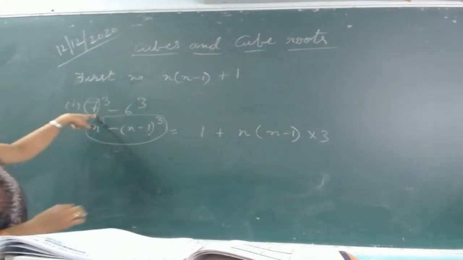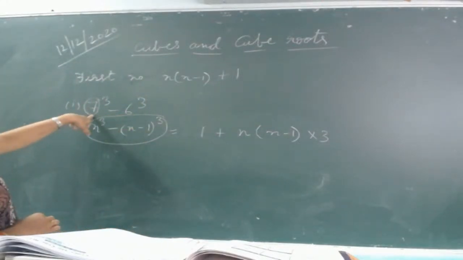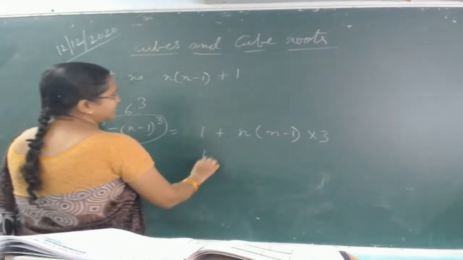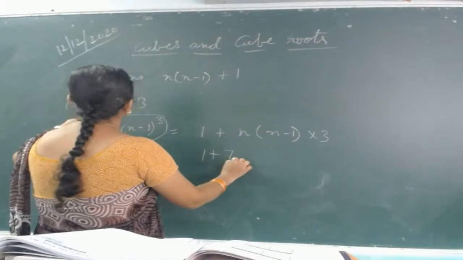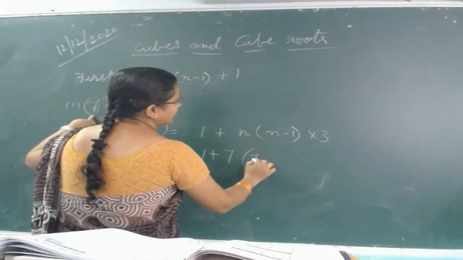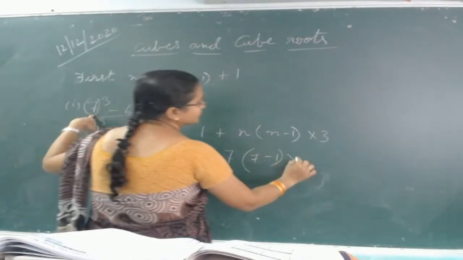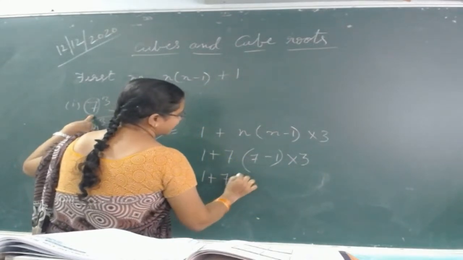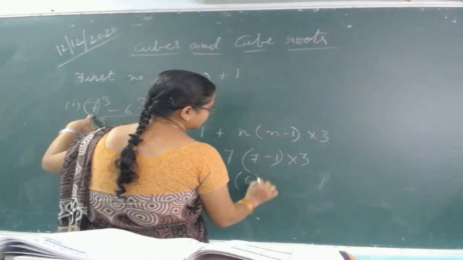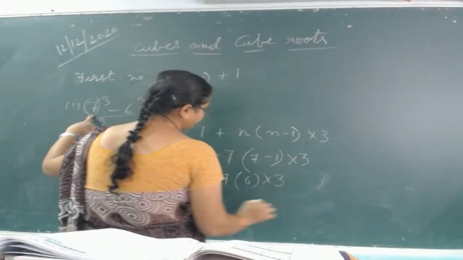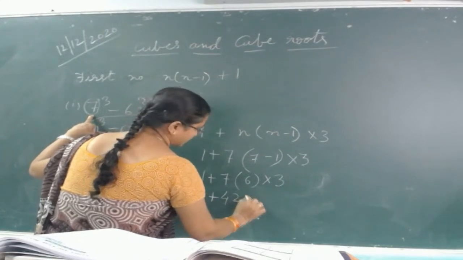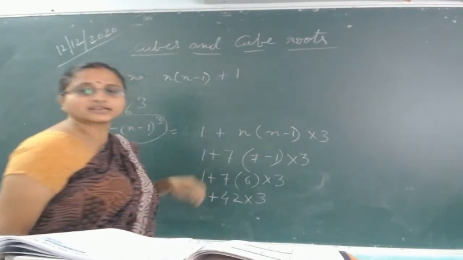Since 7 cube minus 6 cube was given, the first number should be considered as n. So 1 plus n into n minus 1 into 3 is equal to 1 plus 7 into 6, into 3. That is 1 plus 7 into 6 is 42, into 3. Understand or not?